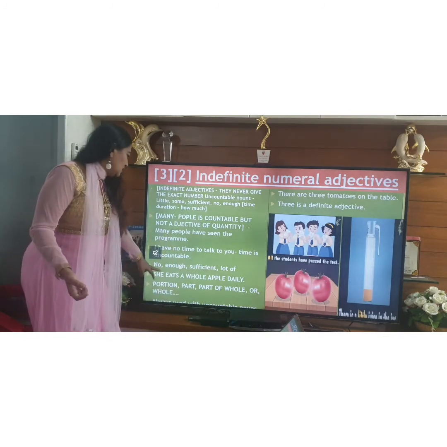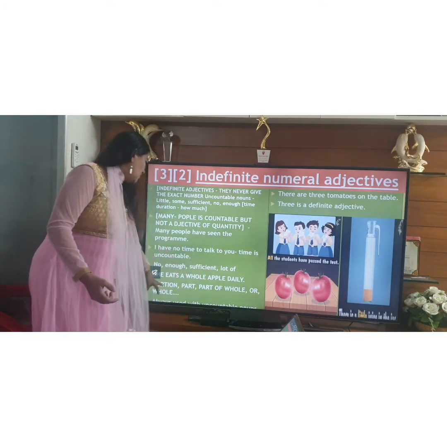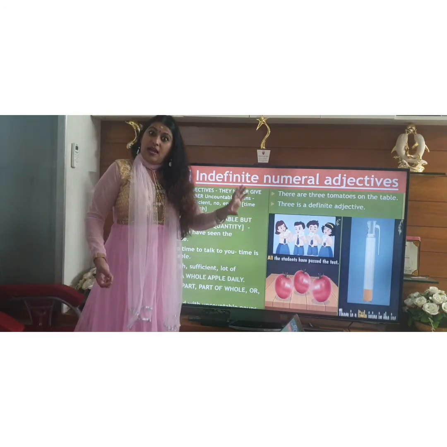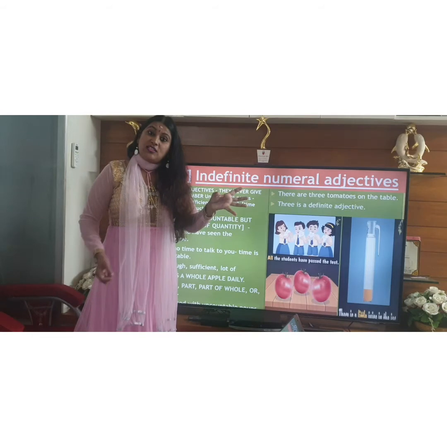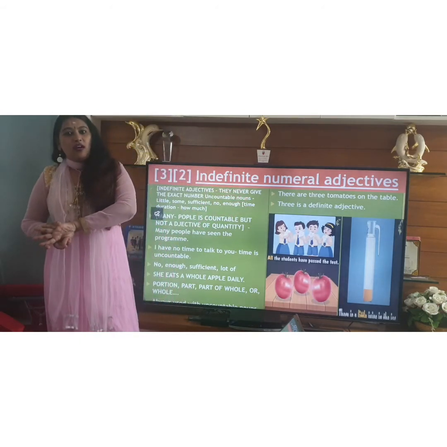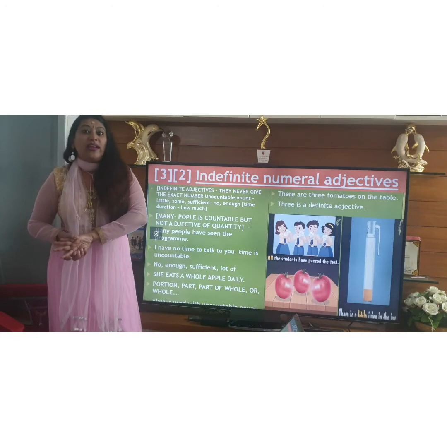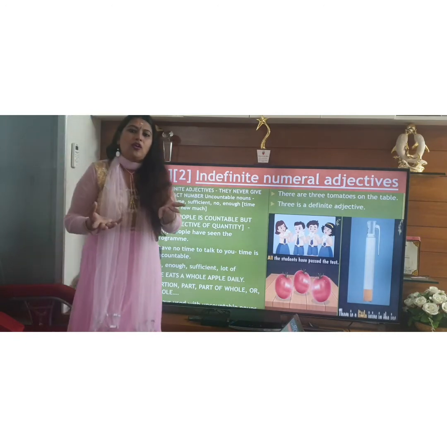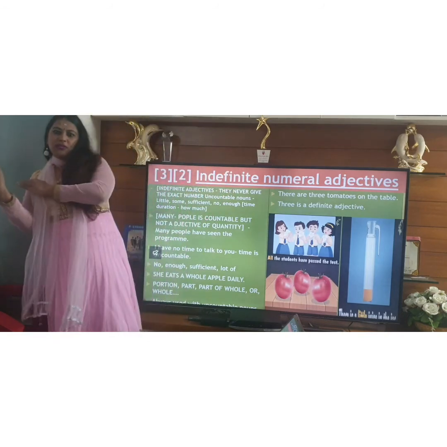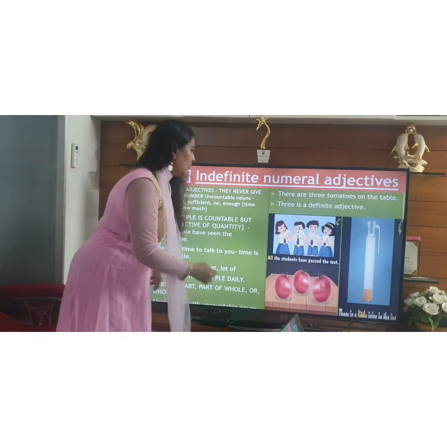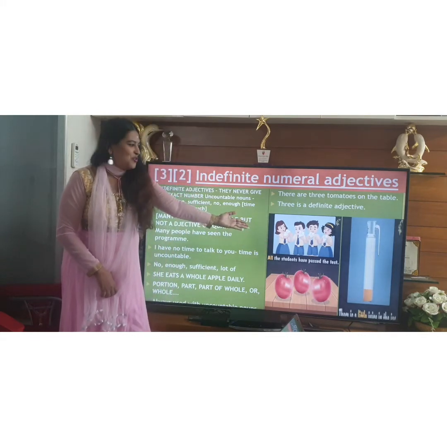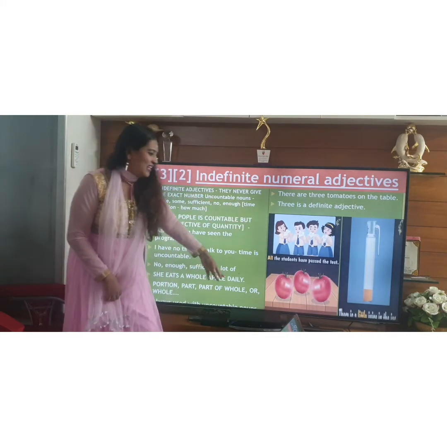See, no, enough, sufficient, all these things are used as adjectives of quantity. But the same words will turn out to be adjectives of number when they are countable. Uncountable, adjective of quantity. Countable, adjective of number. Got it? Now see, these girls, kids, you can count. You can see and you can say there are 4 kids, right?